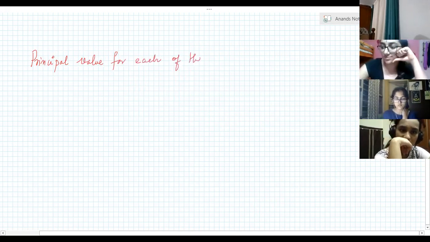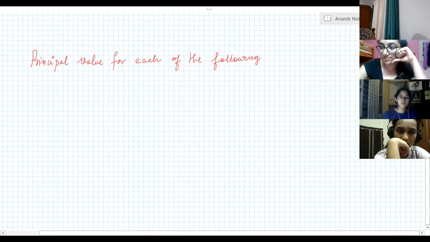This is how the numericals will start. Cos inverse of root 3 by 2.